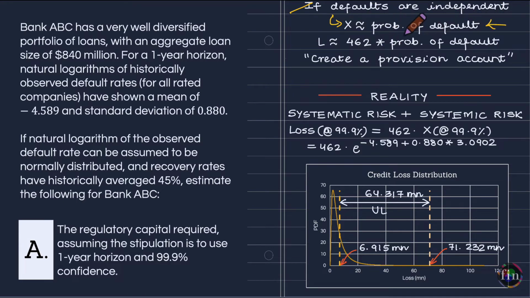Without doing the mathematical proof, you can rationalize this conclusion by simply invoking the law of large numbers. Because I am talking about a very well diversified portfolio, it's like I am conducting an experiment many times.